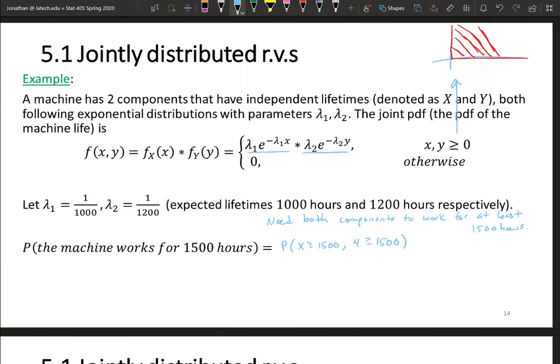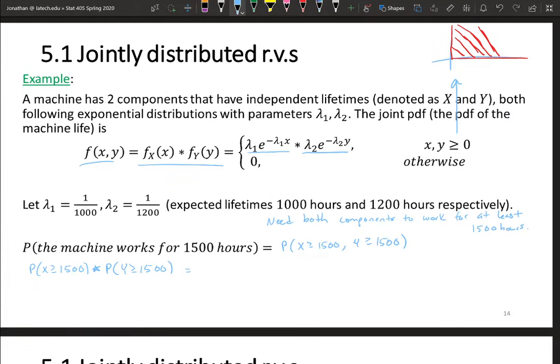Let's see. Because these are independent, because basically this definition of our PDF is an independent PDF by definition, I can say this is the probability that x is greater or equal to 1,500 times the probability that y is greater or equal to 1,500. So very similar to what we did in chapter 2 for independent events. We just multiply the probabilities. Well, the same thing is going to happen here. We can just multiply the probabilities because they're independent.